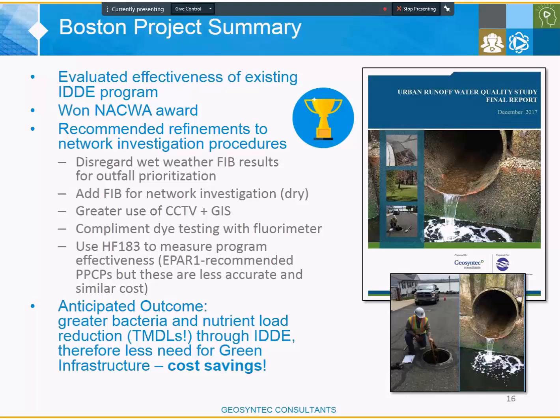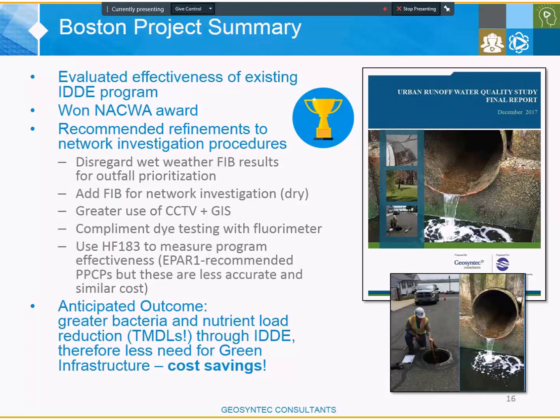There's actually a very positive side of that, because you're currently at a point where they had bacteria and nutrient TMDLs that they were measuring progress towards. They have waste load allocations that they're assigned to. And now what we're saying is that you have all this low-hanging fruit through IDDE programs, whose ongoing implementation costs are much less than the green infrastructure costs that they were estimating as needed to comply with the TMDL requirements.